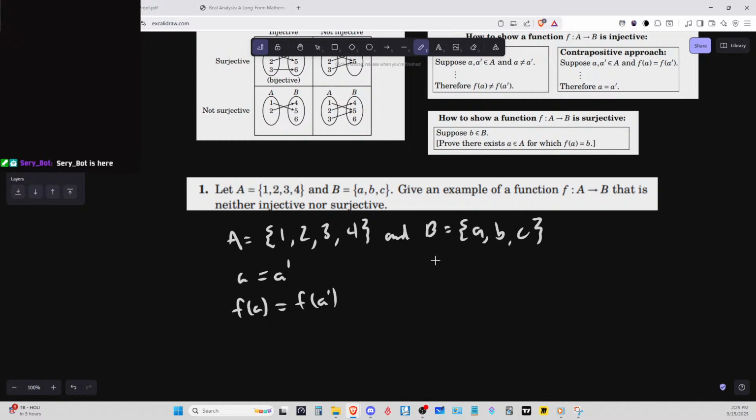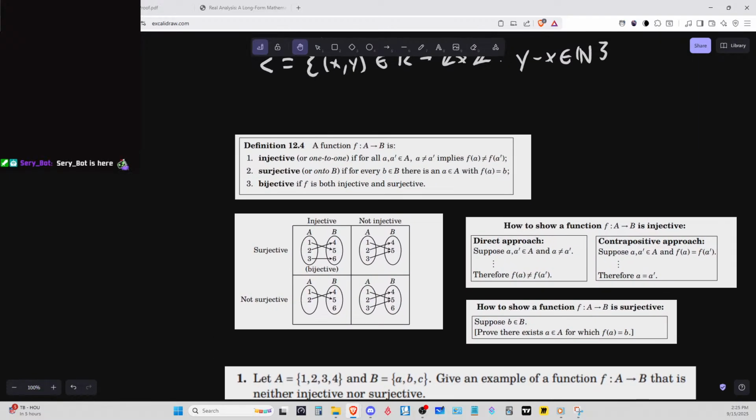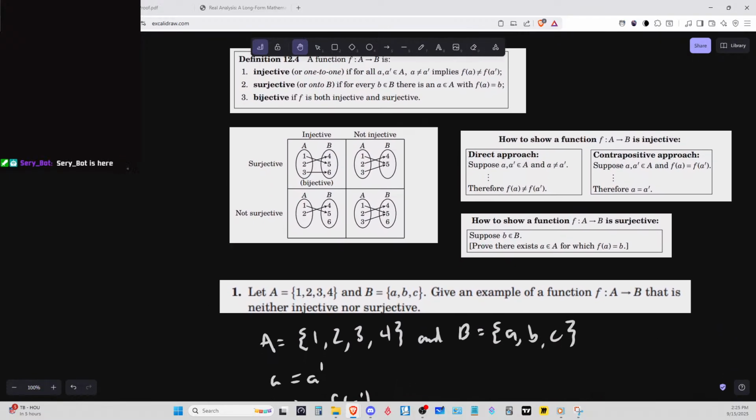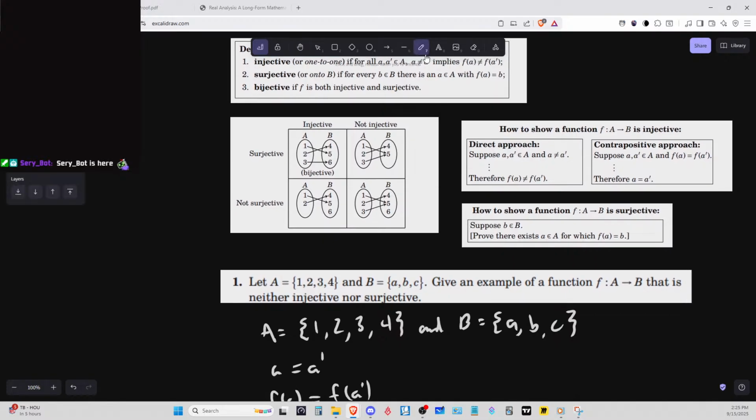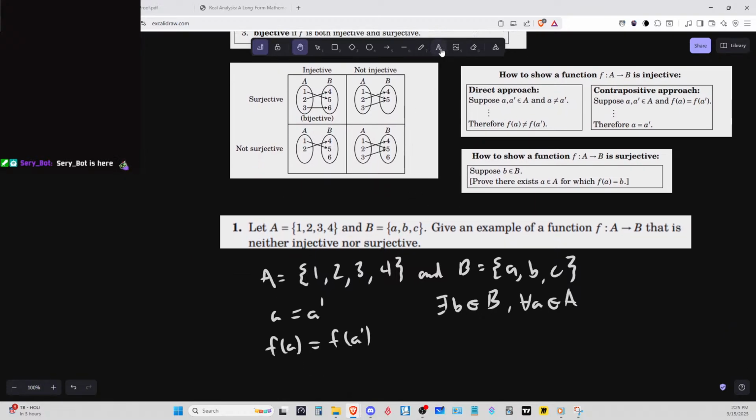And for it not to be surjective, there has to exist a b in B such that for all a in A, f of a is not equal to b.